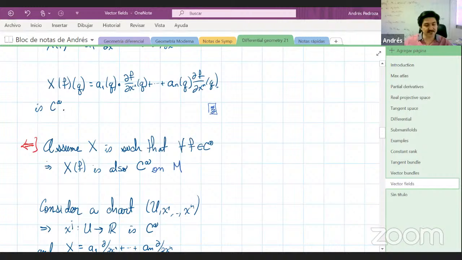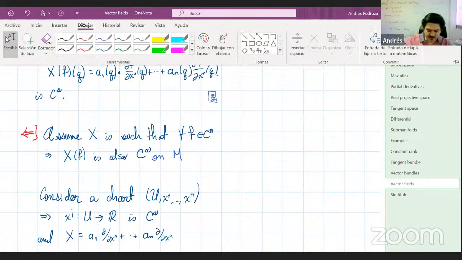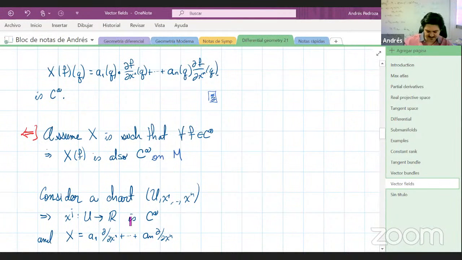I take a chart. And remember that we have seen that the coordinate functions of a chart, compatible chart, are C infinity. Hence, also we know because X is a vector field, it looks like this.